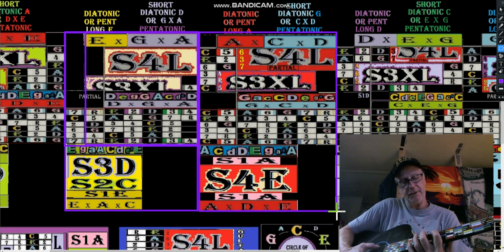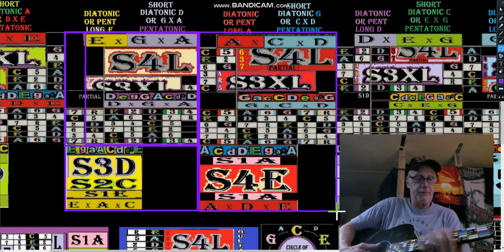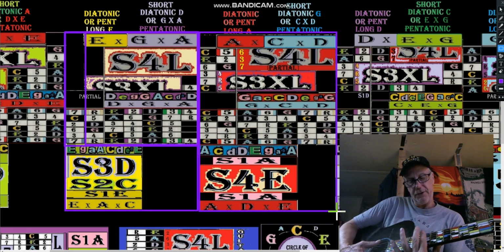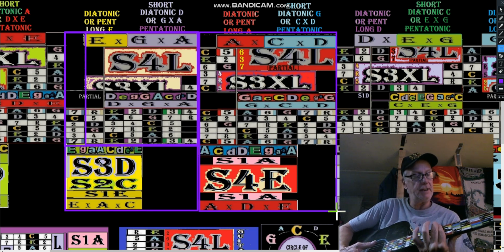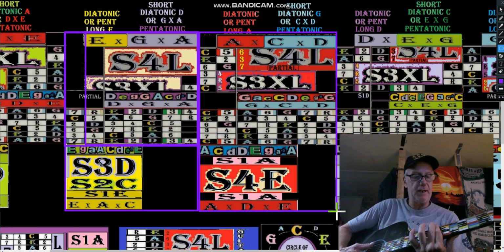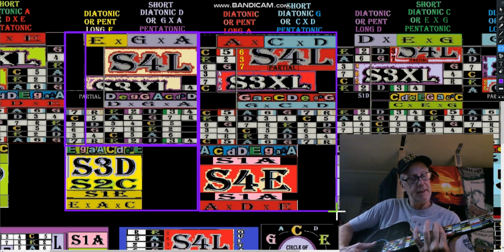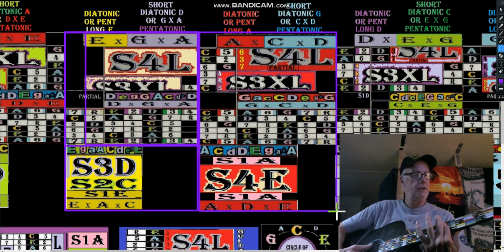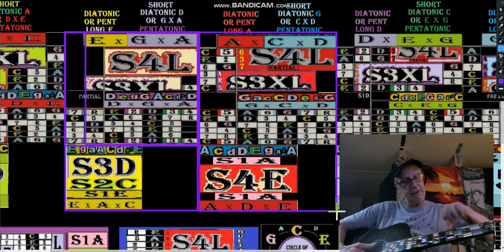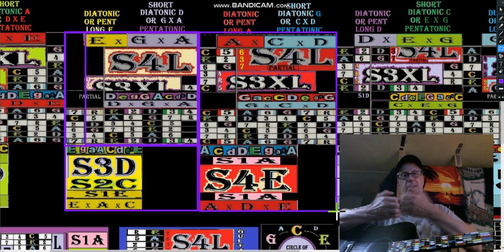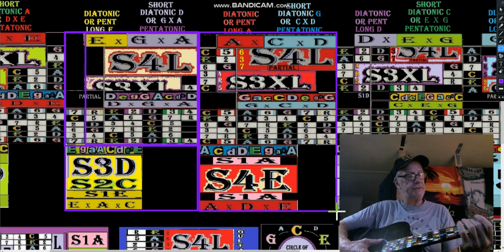G shape diatonic. So it's from this fret to this fret is the G shape diatonic. The C shape diatonic is from this fret to this fret. See? So between these two frets, they're just neighbors like that. So it works with the smaller frets too.